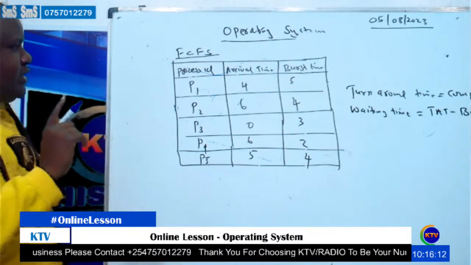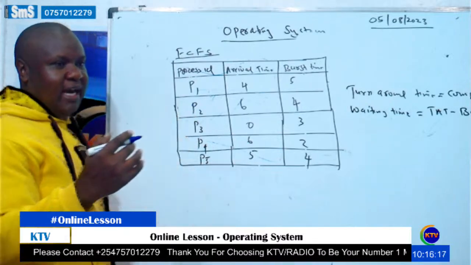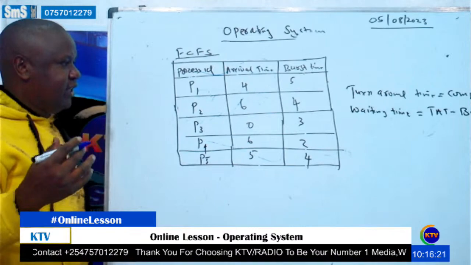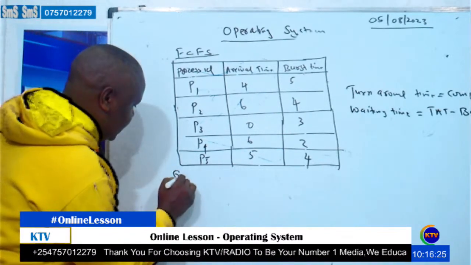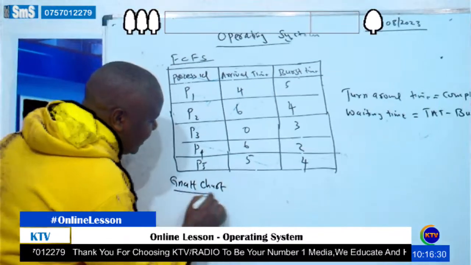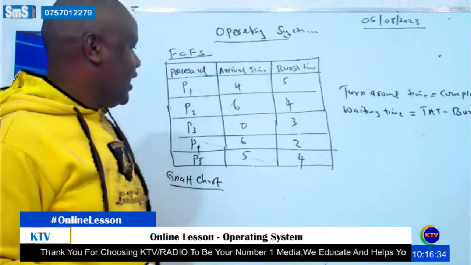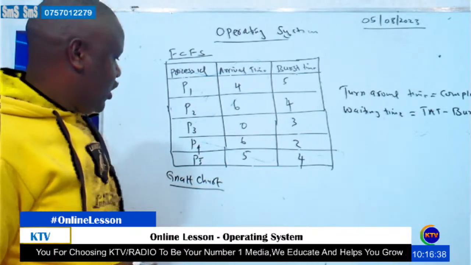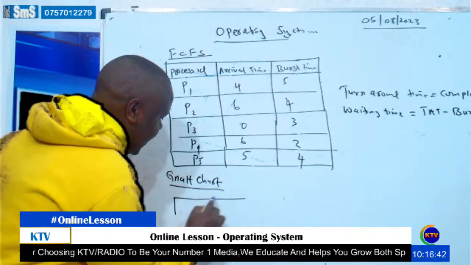Now, for us to be able to understand how the calculation is done and how priority is given in the CPU, the first thing that we do is construct what we call the Gantt chart. The Gantt chart will help us to understand how we are going to go about these processes.